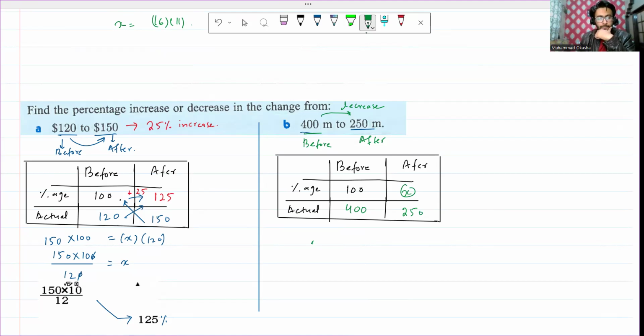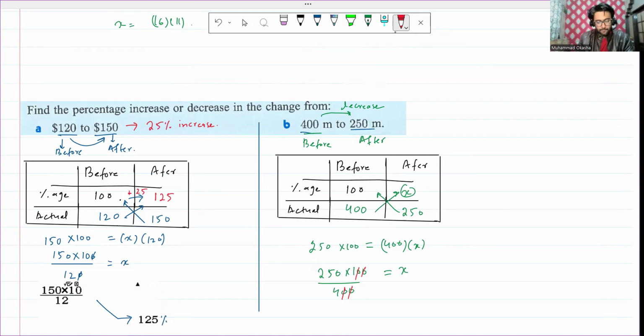I'll cross multiply. So 250 multiplied by 100 is equal to 400 times x. I'll keep x over here and I'll do 250 multiplied by 100 divided by 400. Let me cancel out the zeros, so that's 25 divided by 4.